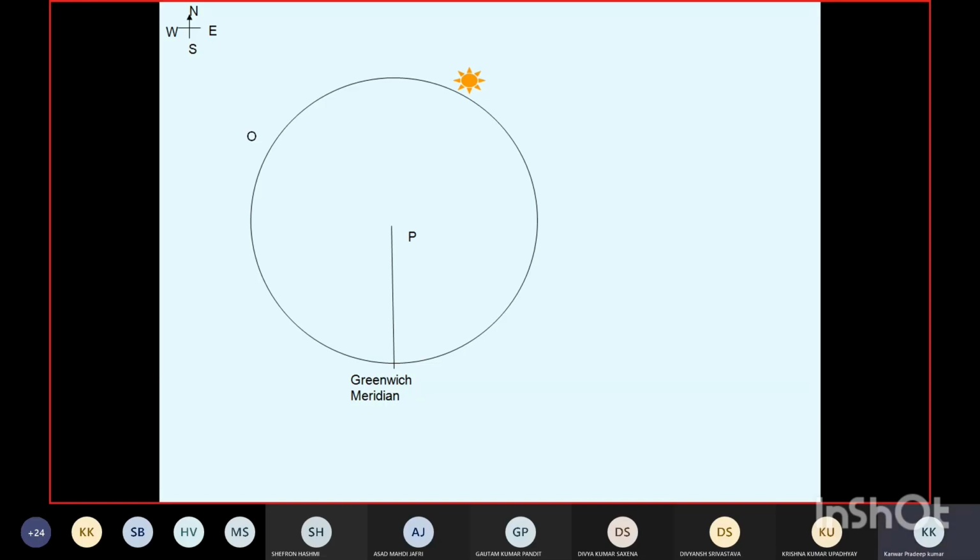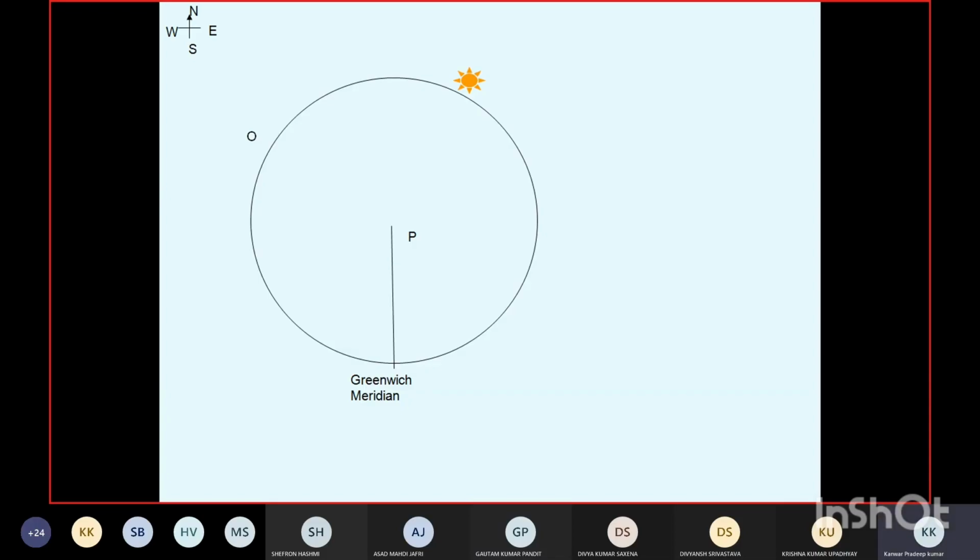On the Earth, it will be latitude and longitude. But if I extend my position to the celestial sphere, what will it be called? A line joining from the center of the Earth, passing through the observer and hitting the celestial sphere. What will it be called? Zenith. Very good.